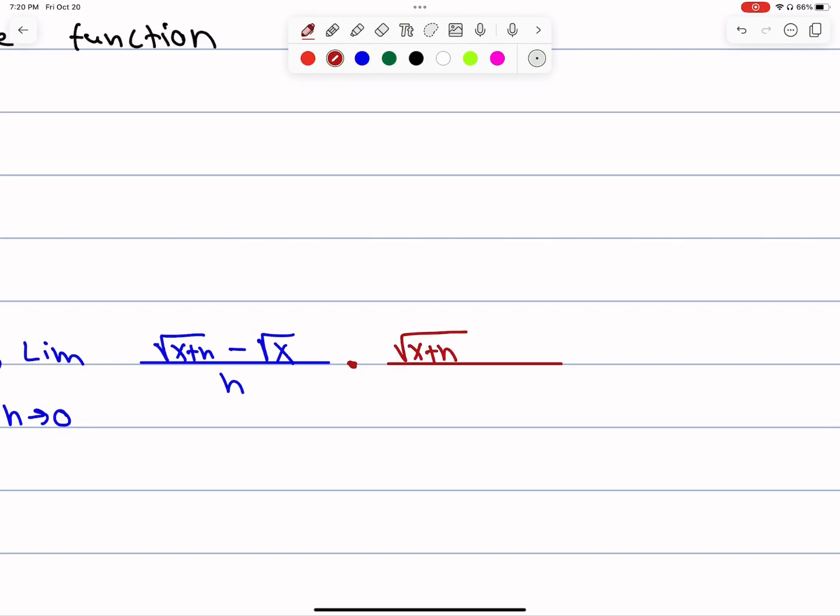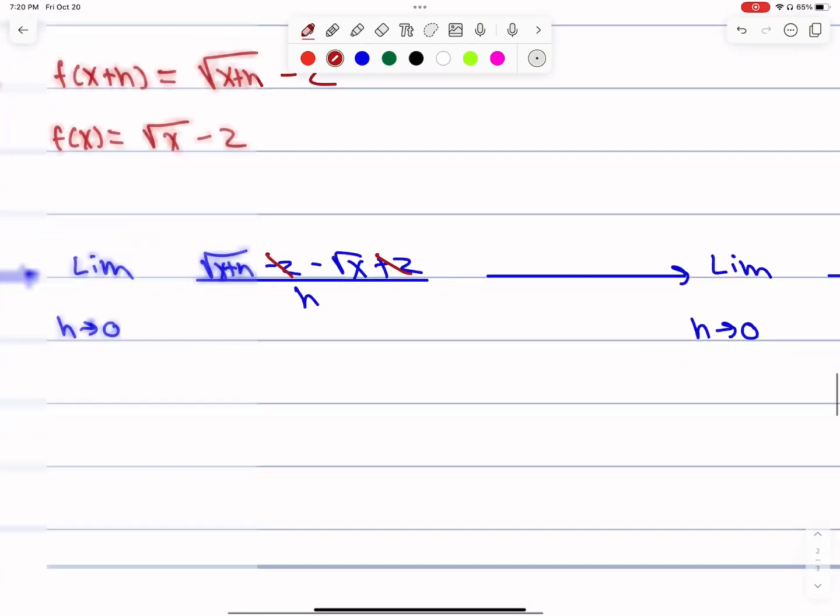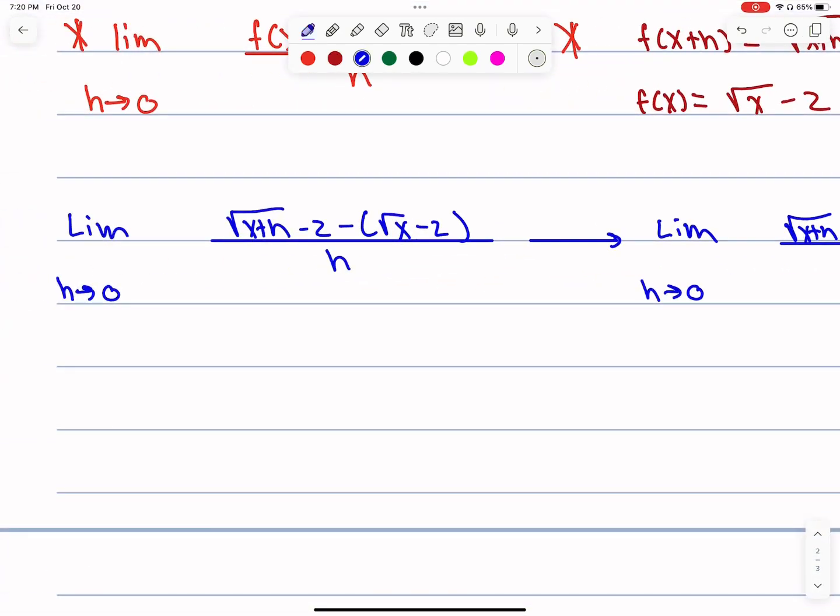So the conjugate of the numerator is going to be square root of x plus h plus square root of x. So you have to multiply by the opposite sign. As you can see on the left it is minus square root of x, but we multiply by positive square root of x.